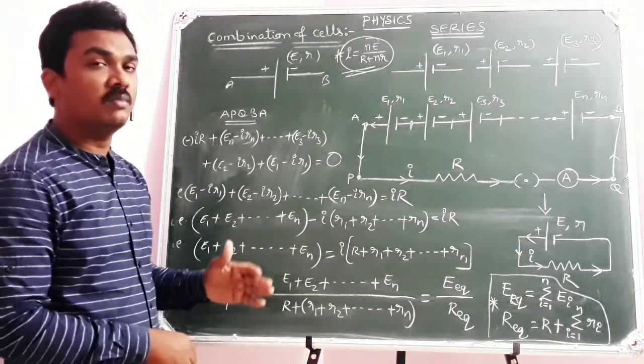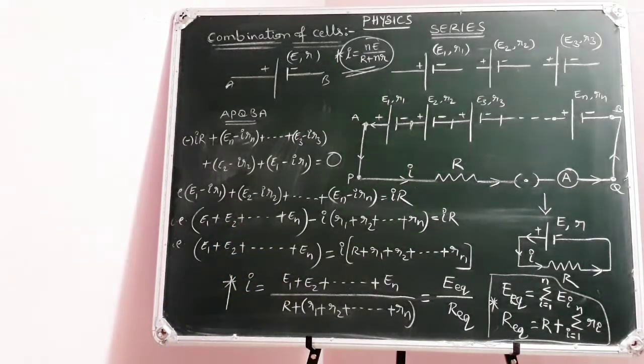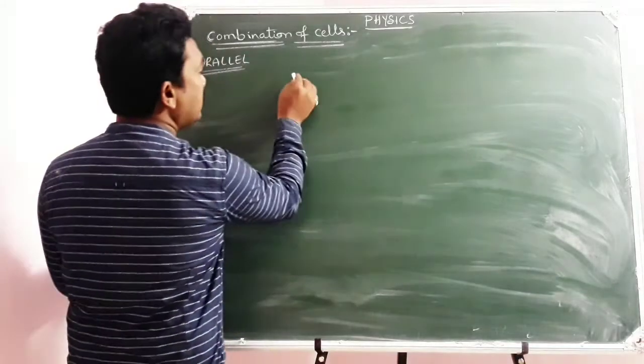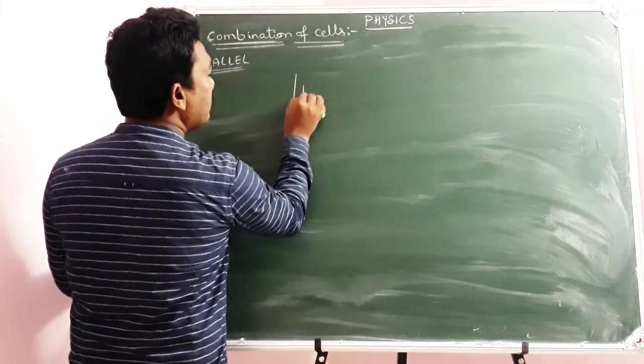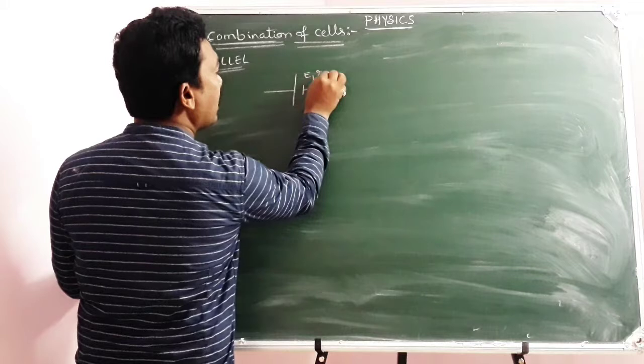Now let us discuss the parallel combination of cells. Please note down. So let us see the parallel combination of cells. Look at this. Here there is a cell whose EMF is E1 and internal resistance is R1.